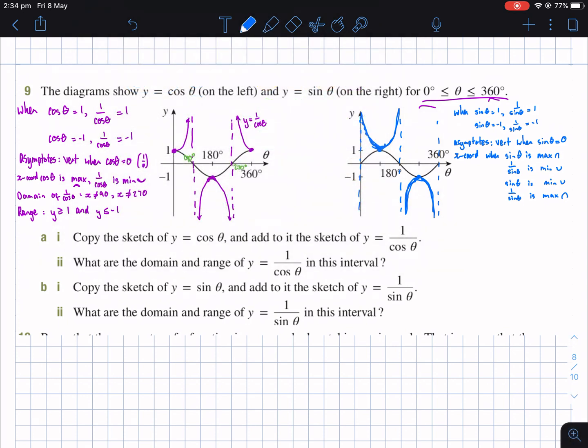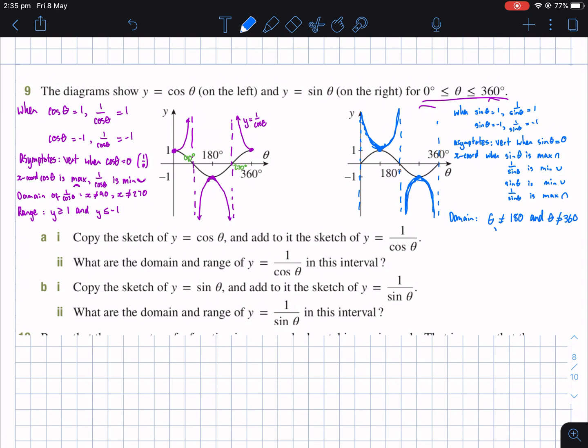So let's figure out the domain and range. Well, it didn't equal 180 and it didn't equal 360. So theta does not equal 180 and theta does not equal 360.